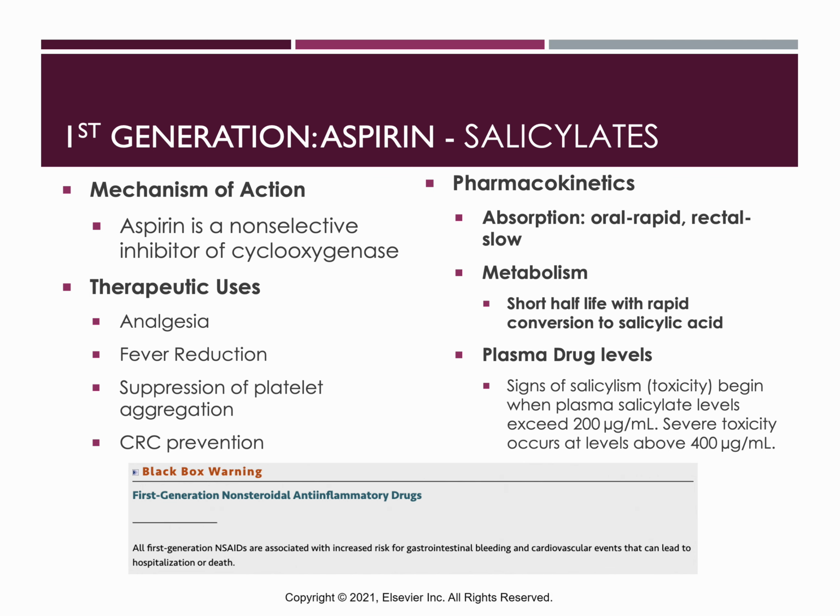So let's look at a first generation NSAID. We're going to look at aspirin. Now, these first gen NSAIDs, again, they're widely used largely because they can inhibit COX-1 and COX-2. Traditionally, these NSAIDs were used to treat inflammatory disorders like rheumatoid arthritis, osteoarthritis, and sometimes bursitis.